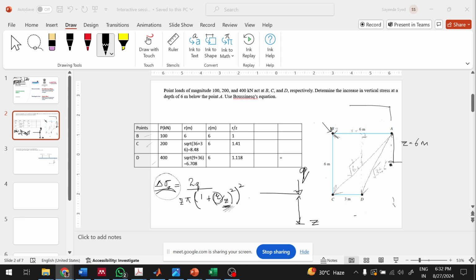Okay, divide by 6. I forgot to divide by 6.